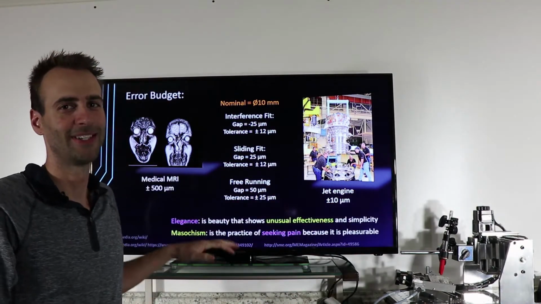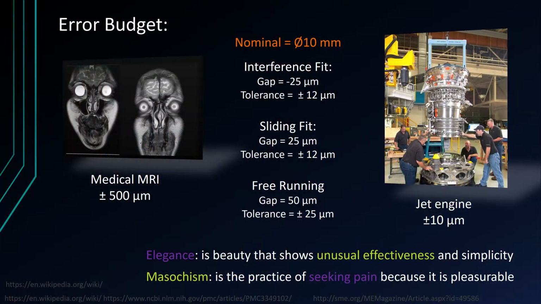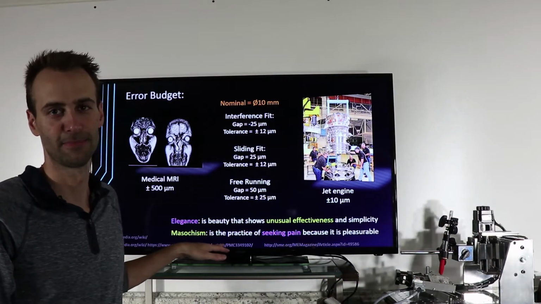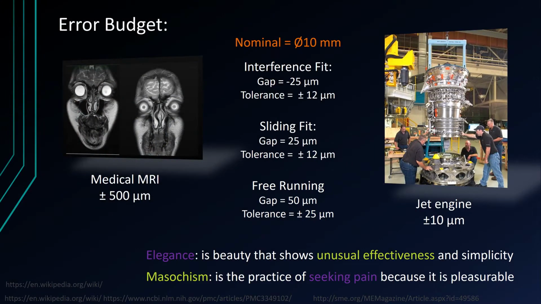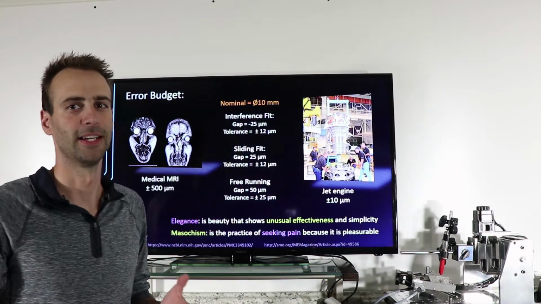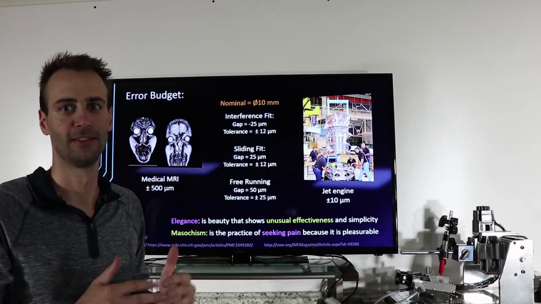So here's where the line starts to blur between elegance, which is beauty and simplicity, and masochism, which is the practice of seeking pain because it's pleasurable, okay? So when you go through this software correction process, keep this in mind. There's a big difference between elegance and pain, okay?